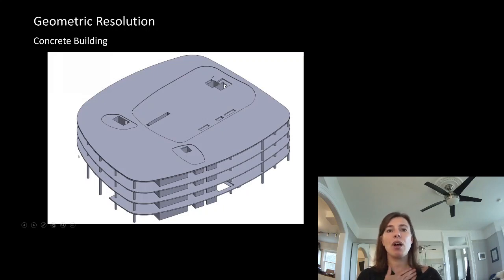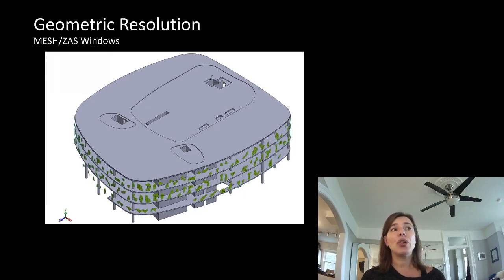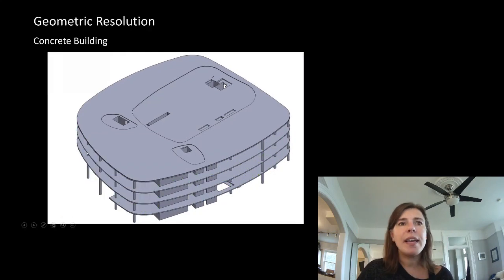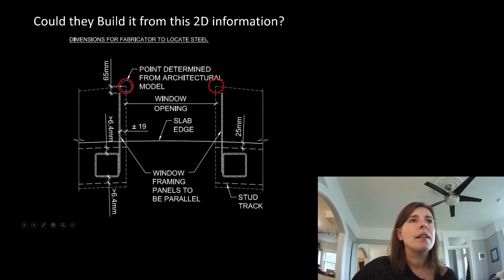I produced in the software I was using, which was SolidWorks, a 3D representation of the concrete structure. So I was able to generate this 3D image based on 2D information. I then took the data cloud from Mesh and ZAS and produced this image. So each one of these little dots around the window is this point right here.